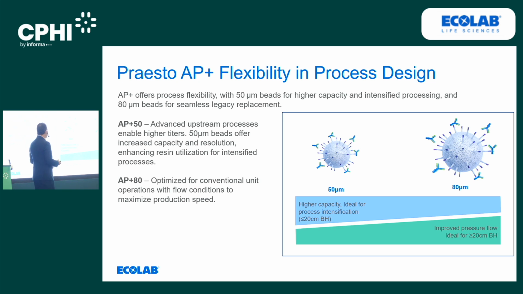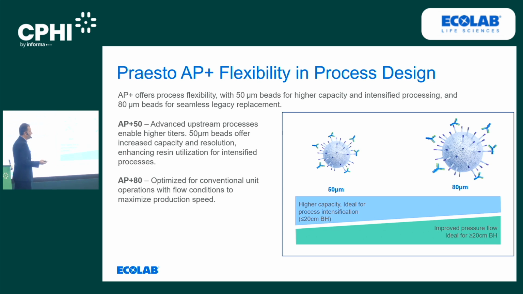The other component in the family is the 50 micron beads. With this 50 micron bead, you will get a couple of good benefits. One of them is a very high binding capacity. And the other advantage of these small beads is related to the resolution.